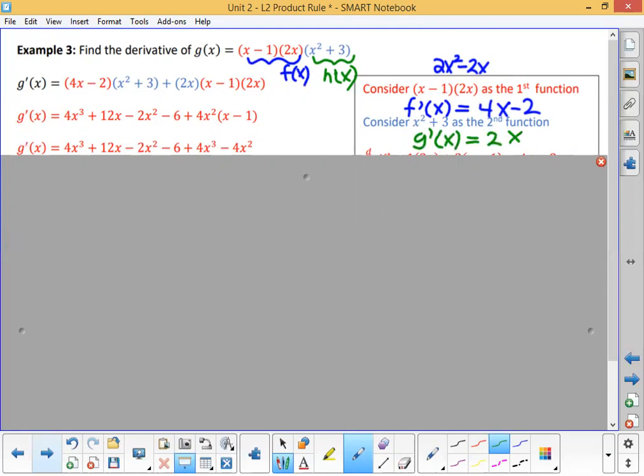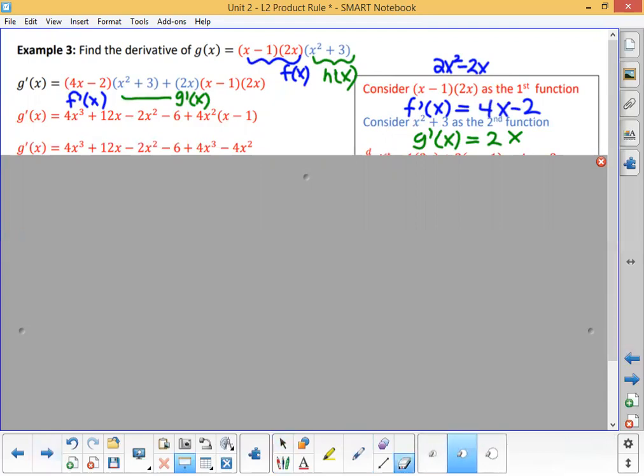So I do have the g prime of x over here, f prime of x over here, and the original function x squared plus 3. And sorry, I should have called that h prime of x.